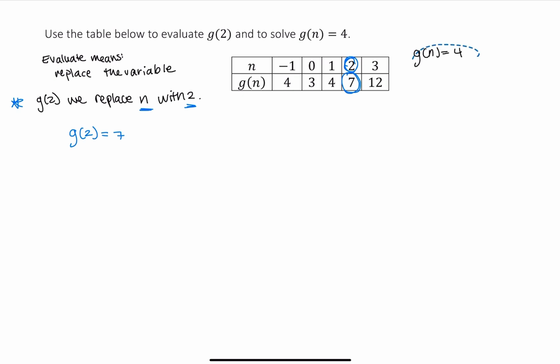And I got ahead of myself and I did that before I wrote down the instructions. So solve means replace function name with value. In this case, replace the function name with 4.